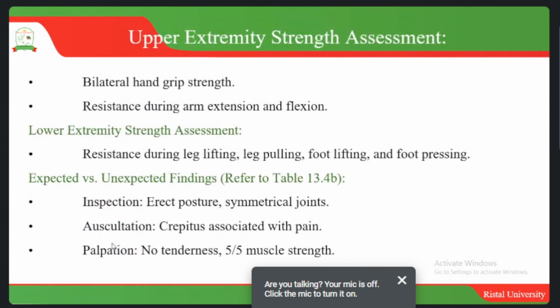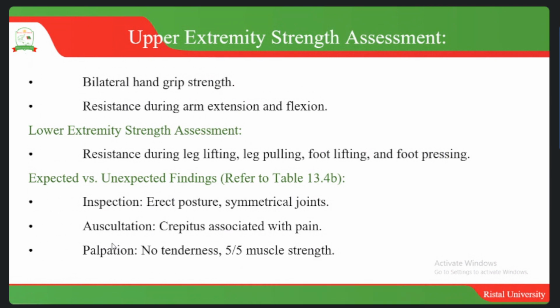For the upper extremity strength assessment, there's bilateral hand grip strength. Tell the patient to try to hold something in his hands for some time and see if he's able to put that pressure and hold the thing that you're telling him to, and do it on both sides of his hands.